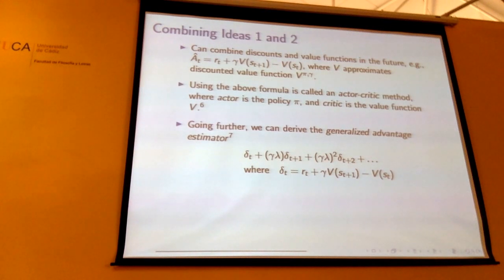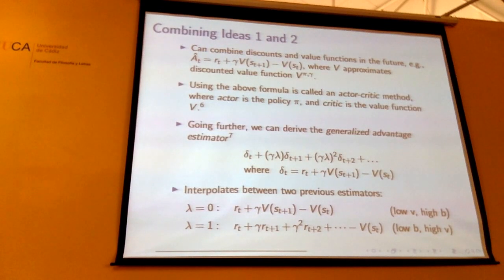The reason we take that sum is because when we just use the first term, it has really low variance, but it turns out to have high bias. When we add in more terms, it ends up having lower bias. I haven't explained this at all, but I just want to say what the formula looks like.